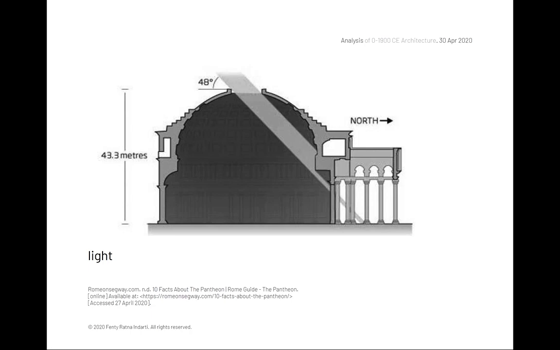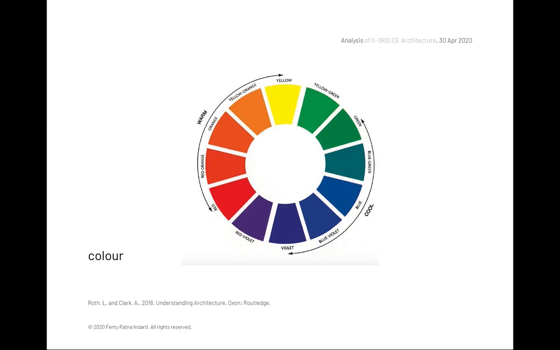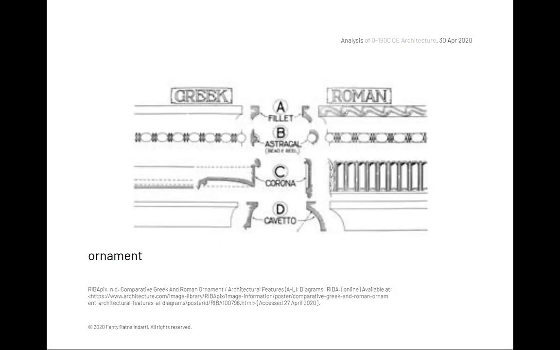It means that you can try to analyze the openings based on the elevation or section or even based on the plans. And then color, what color they are using. Is it warm? Is it cool? It can be from the material, it can be from the finish of the building. And then the last one is ornament. The ornament each time will represent the idea of that time as well.